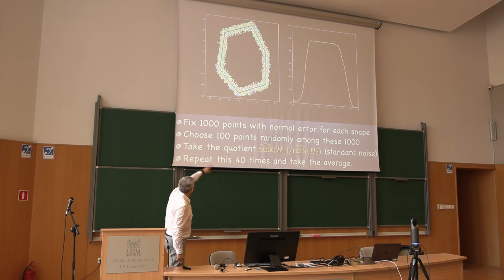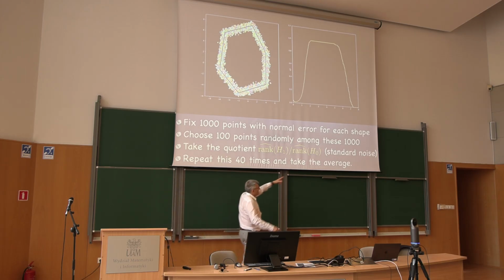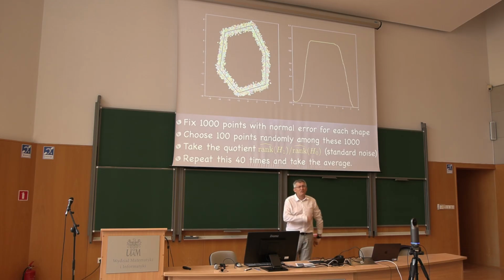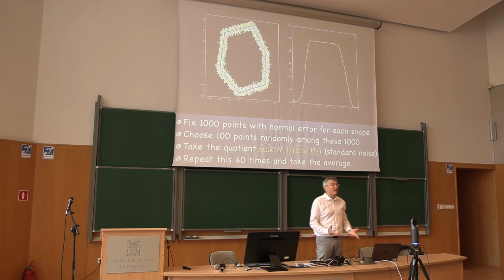Here is what I do, and I show you these averages. The ability of taking averages is important. This is a figure with 1,000 points with some random normal error. Among those, I choose 100 points, 40 times. This is a standard noise. I calculate H0 and H1. Those are functions, so I can divide one by the other. This is quite common, like normalization.